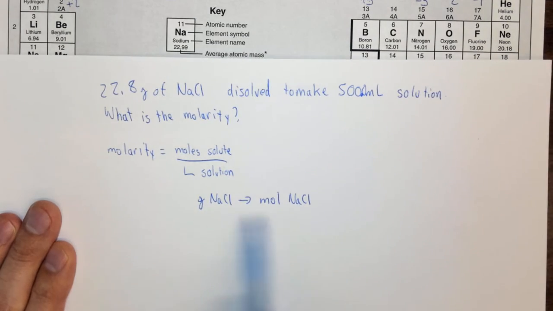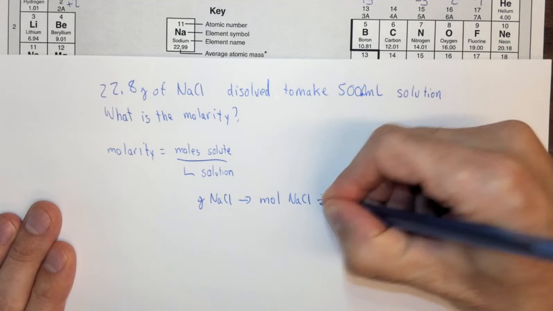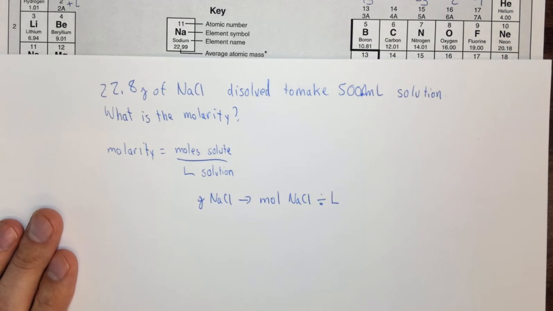This is dimensional analysis. But the next part is not. I then want to take those moles and divide by the volume of the solution in liters. So I want to divide by the liters. This is technically not dimensional analysis because I'm creating a new unit. I'm not just changing the units.